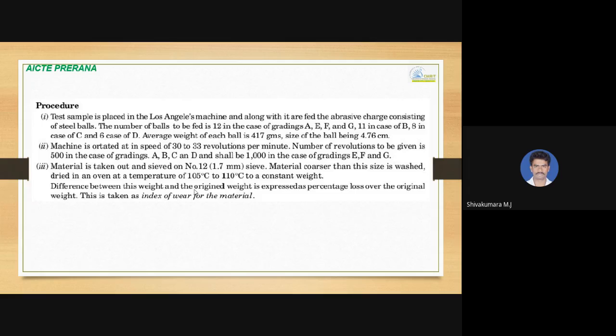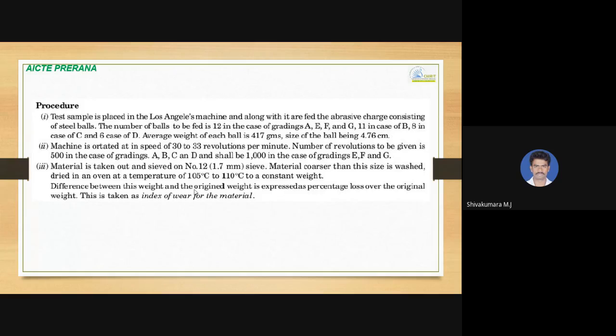The material which is coarser than this size is washed and dried in an oven at a temperature of 105 to 110 degrees Celsius to a constant weight.